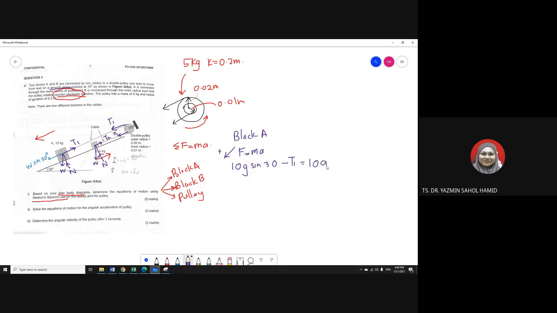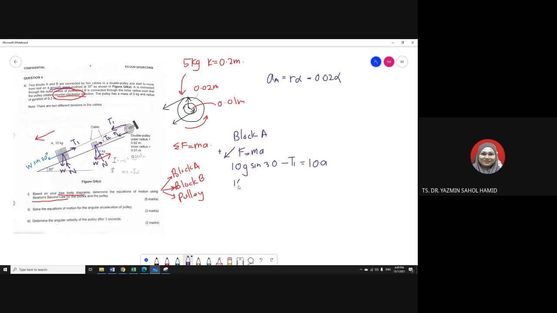Okay, again, because this is a rigid body, I have taught you before, the acceleration for block A will be R alpha. So for R, we need to use the outer or inner radius for block A. Because it's outer, outer is 0.02 alpha.